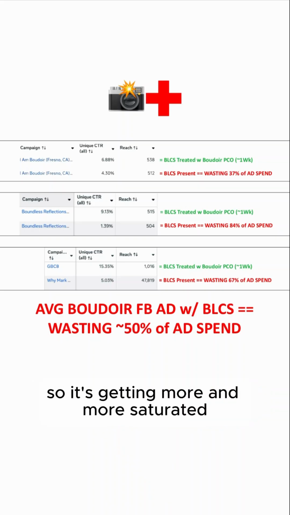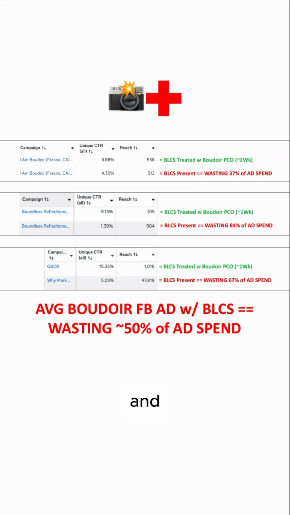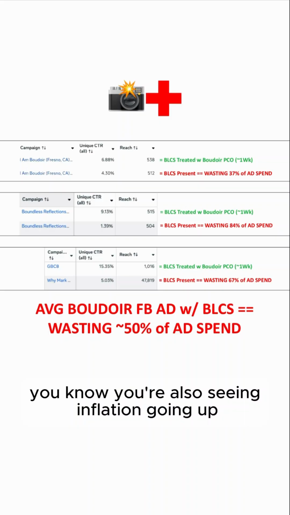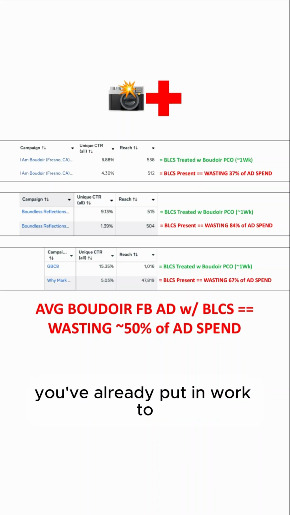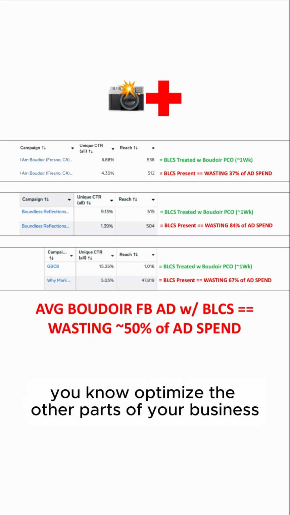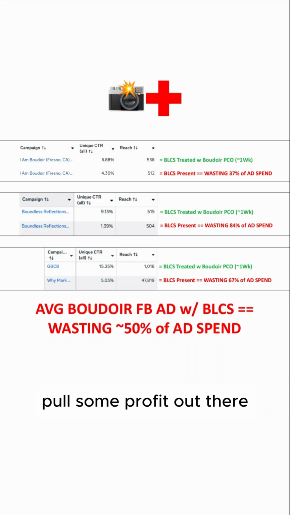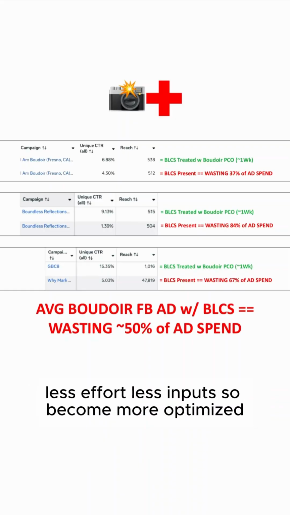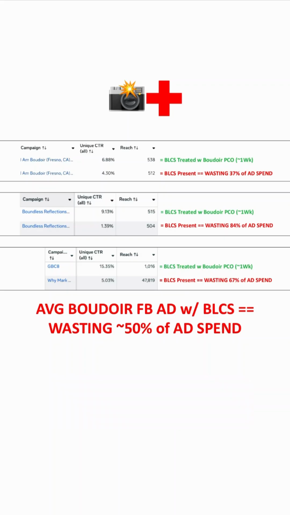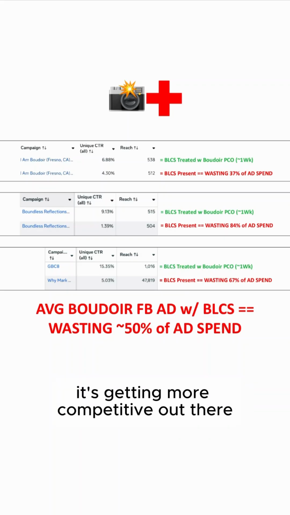So it's getting more and more saturated, and you're also seeing inflation going up, cost of living going up. So you've already put in work to optimize the other parts of your business, pull some profit out there, same effort, more profit, or more profit, less effort, fewer inputs. So becoming more optimized because you're seeing it's getting more competitive out there.